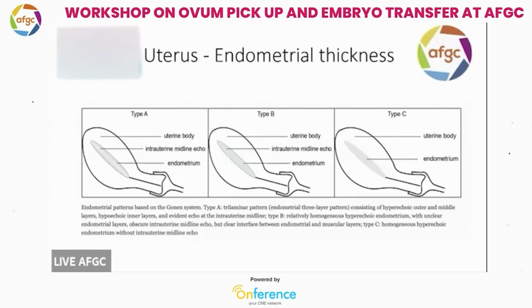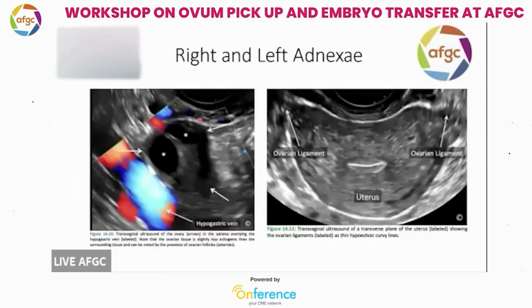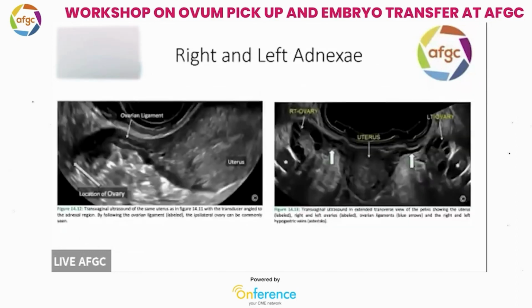You do your sagittal view, you do your transverse view, you go into the adnexa, you look at the endometrial thickness, polyps, fibroids, uterine malformation, ovarian size, antral follicle count, any dominant follicle or not, adnexal pathologies like hydrosalpinx, fluid in the peritoneum. So all this, if you really know what to look for, will not take too much of your time.